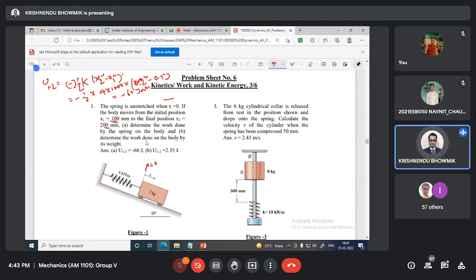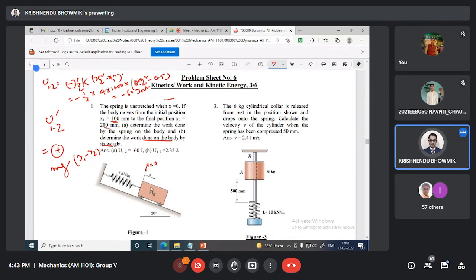Now what is the work done on the body by its weight? Weight is acting in the downward direction and displacement is also downward, so in that case it is positive. U12 prime equals positive mg times y1 minus y2.